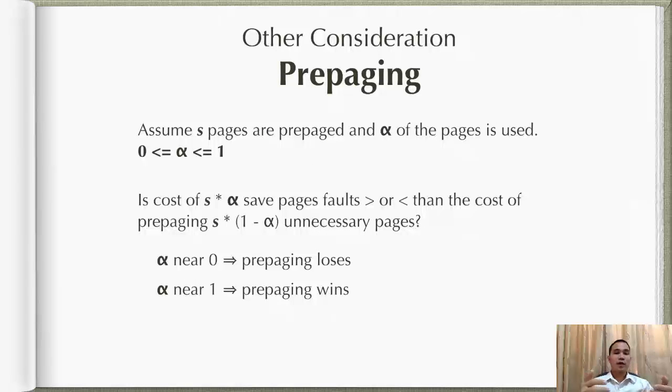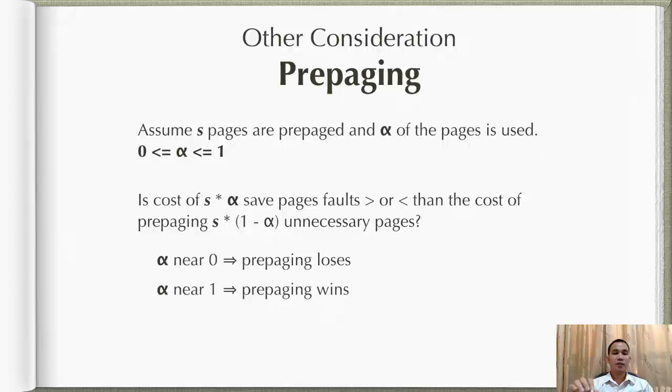Let's assume S pages are pre-paged and alpha is the fraction of the pages used. Alpha here is greater than or equal to 0 but less than or equal to 1.